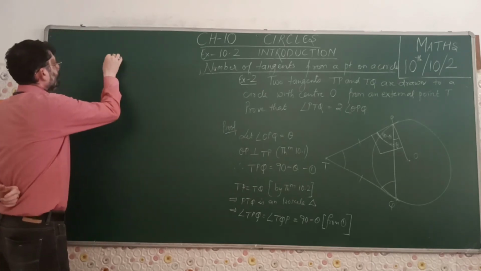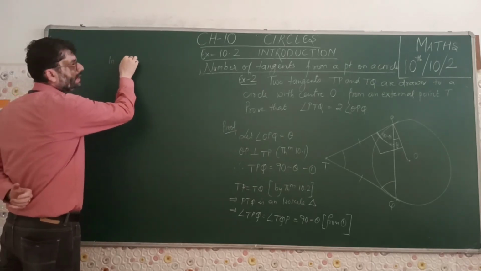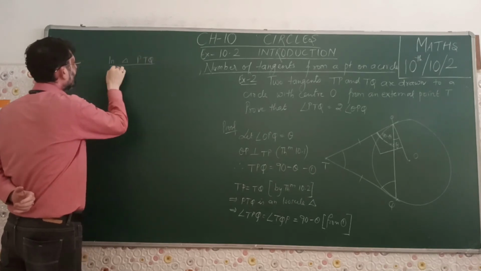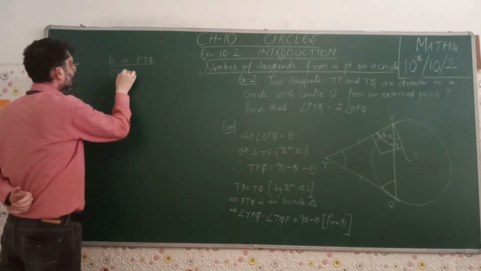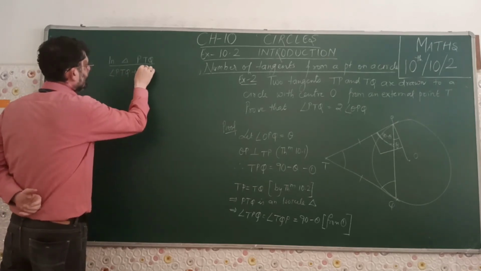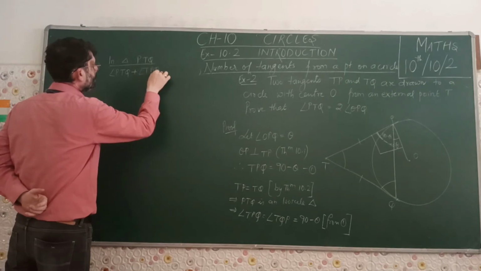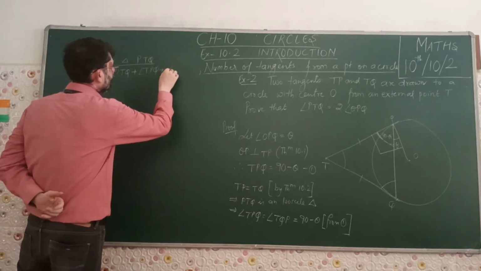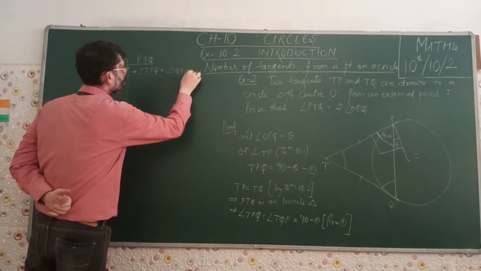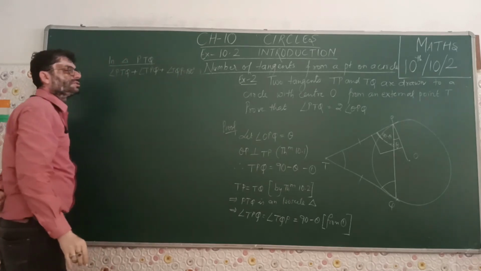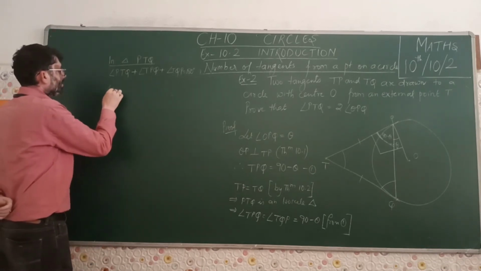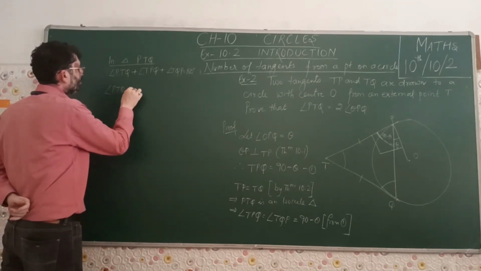Then in triangle PTQ, angle PTQ plus angle TPQ plus angle TQP is equal to 180 degrees. That is because of the angle sum property of triangles. So angle PTQ we are looking for.